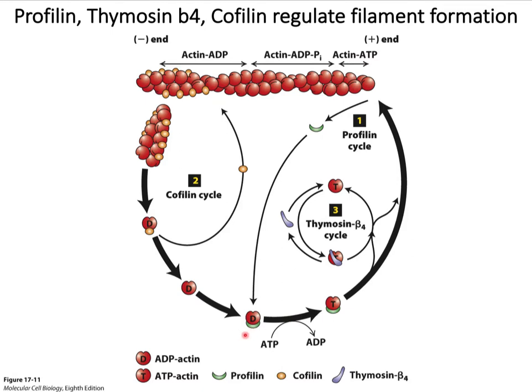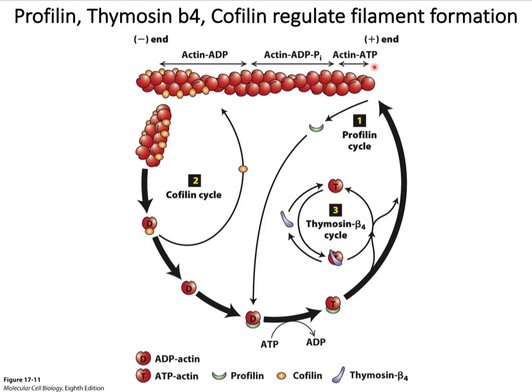When profilin binds to this actin monomer, it actually changes the shape of the G-actin monomer such that the cleft that is holding the nucleotide ADP opens up a little bit and you get diffusion of ADP out of the cleft. Since ATP concentration is fairly high inside the cells, you get ATP diffusing into the cleft and you end up with an ATP-bound G-actin monomer, which can then be incorporated into the growing filament.